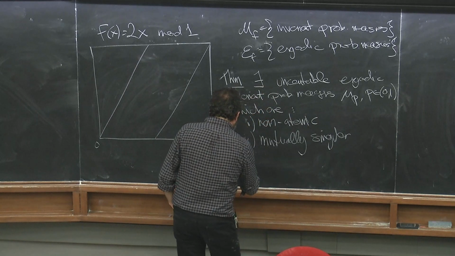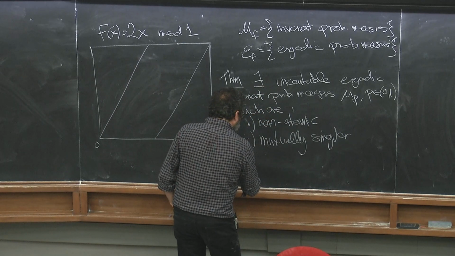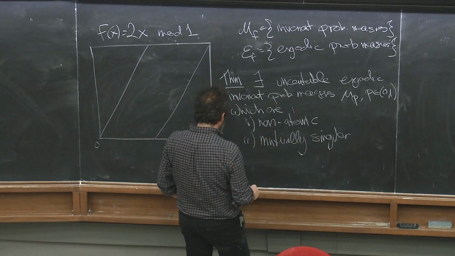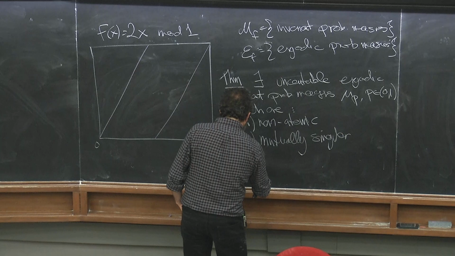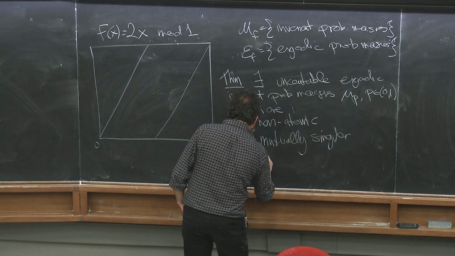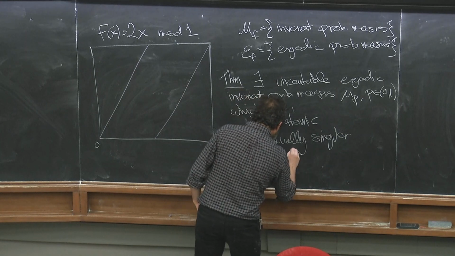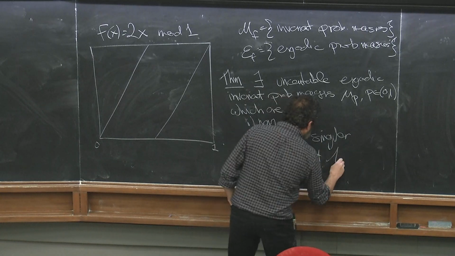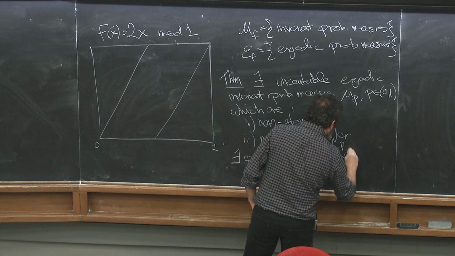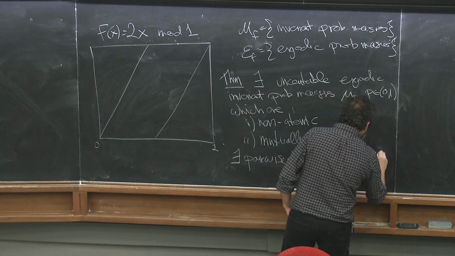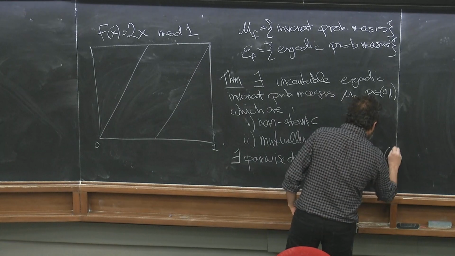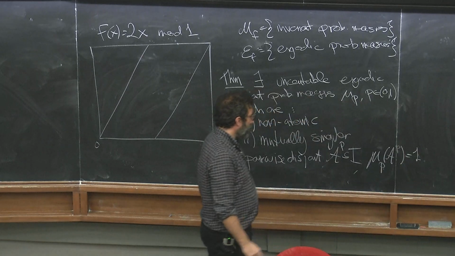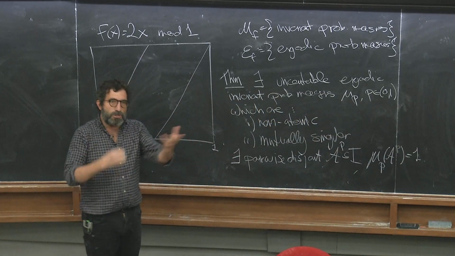Maybe I can write it like this. There exist pairwise disjoint sets A_p in I with mu_p of A_p equal to 1. So they live on disjoint sets.